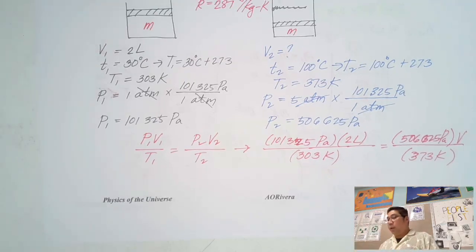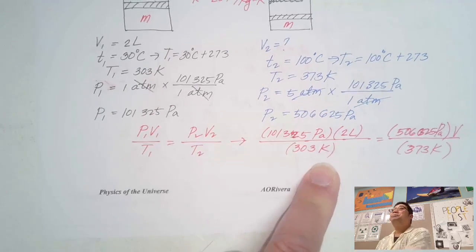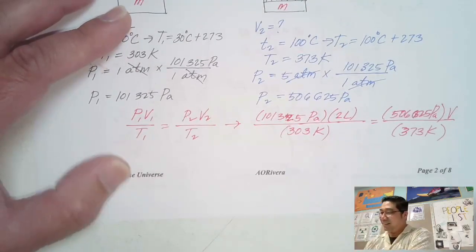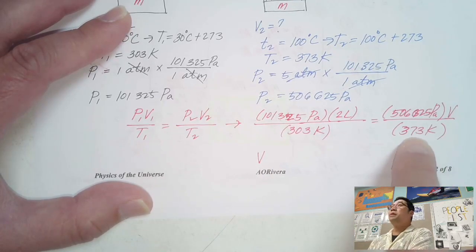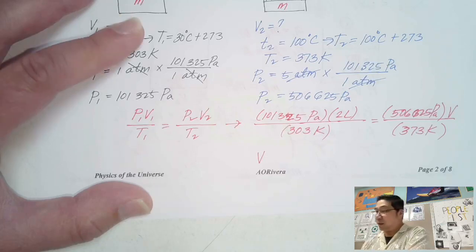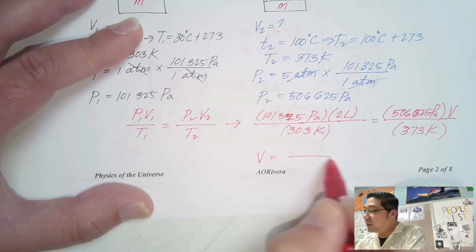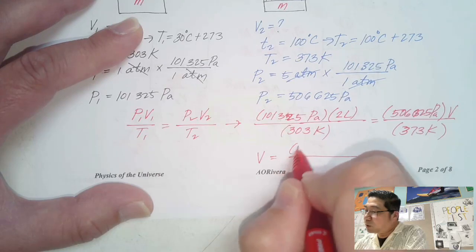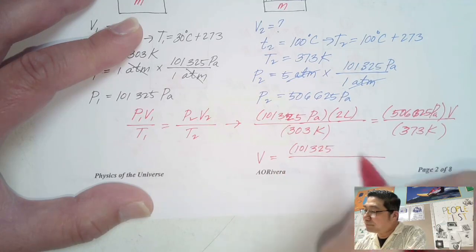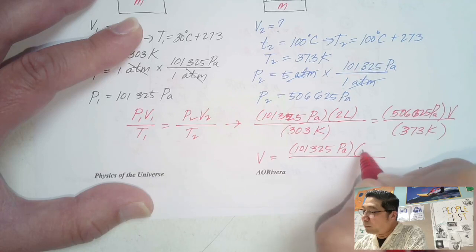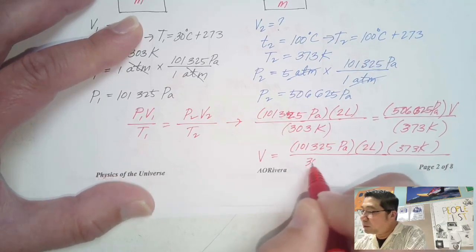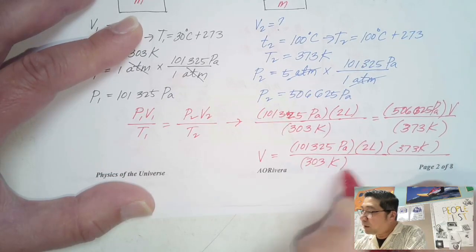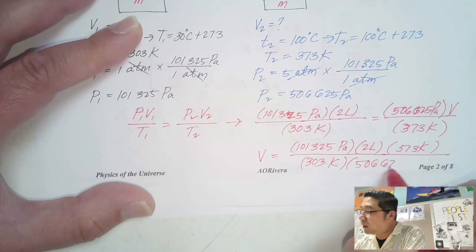Alright, what happened with our Kelvins, guys? Okay, so let's manipulate the equation. Let's multiply both sides by 373 and divide both sides by 506,625. So we have 101,325 pascals multiplied by 2 liters multiplied by 373 Kelvin divided by 303 Kelvin times 506,625 pascals.